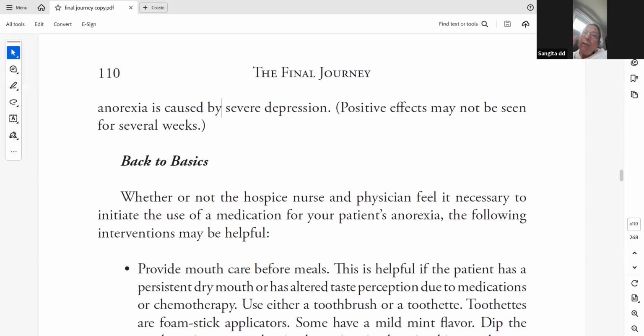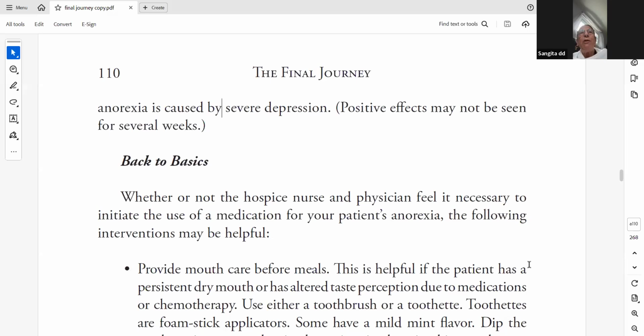After that, there might be some back to basics that you can do, the nurse and or the caregivers, the family or the volunteers. So that's how this chapter will go. And now we're going to talk about some back to basic things that you might want to try.